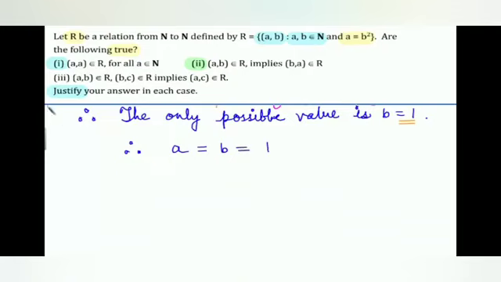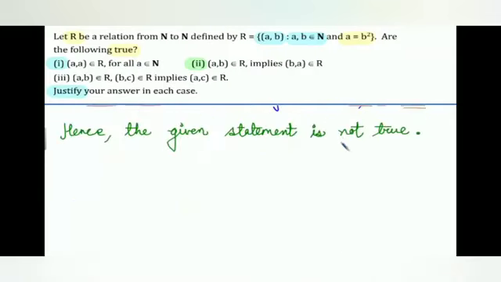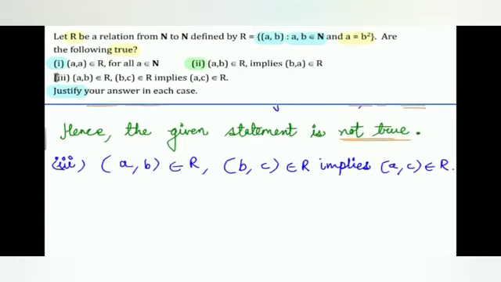So a = b = 1. But the given relation is true only when a and b both are 1, not for all a, b belongs to N. But our statement is (a, b) belongs to R implies (b, a) belongs to R. So it's false. Hence the given statement is not true for all elements of R. It's only true when a and b both are 1.